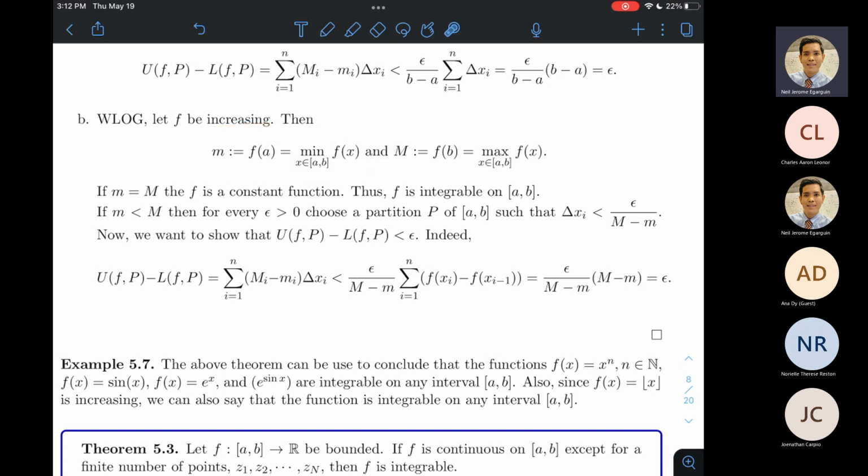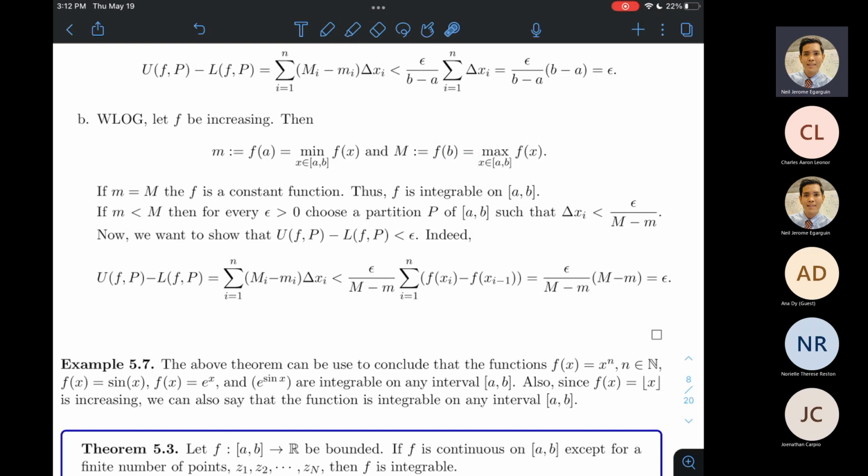So ang pinakamababang function value ay manggagaling dun sa pinakamababang x. So kay f of a yon. Tawagin natin yung minimum na yon na little m. Tapos yung maximum, dahil si f ay increasing, ay magaganap dun sa pinakamalaking x value, yung nasa kanan, which is b. So f of b is the max, tas tawagin nating capital M ito.